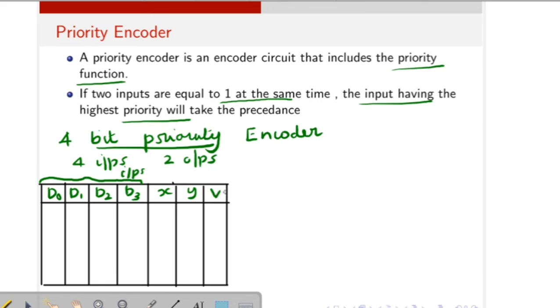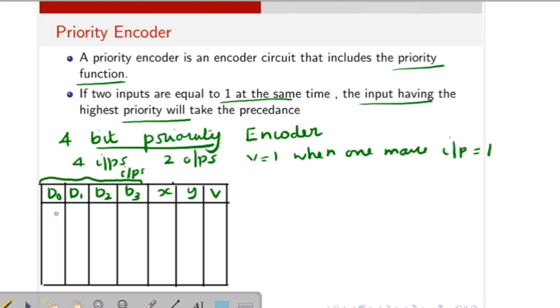The valid output is an indicator that is set to 1 when one or more inputs are equal to 1. That is, V is equal to 1 when one or more inputs are equal to 1. When all inputs are 0, then V is equal to 0.